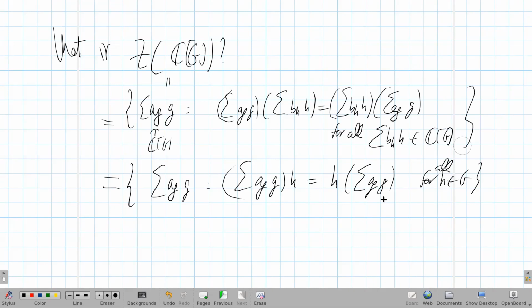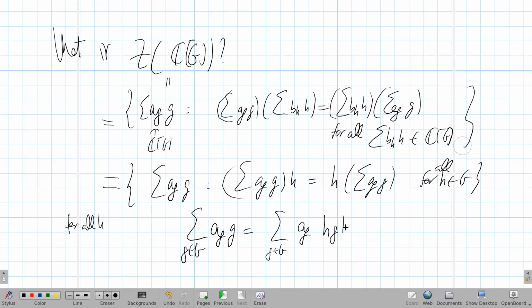So let's see what this means. Let me write it correctly. For all h, you have that the sum of a_g g equals, multiplying on the right by h inverse, the sum over g in G of a_g h g h inverse.